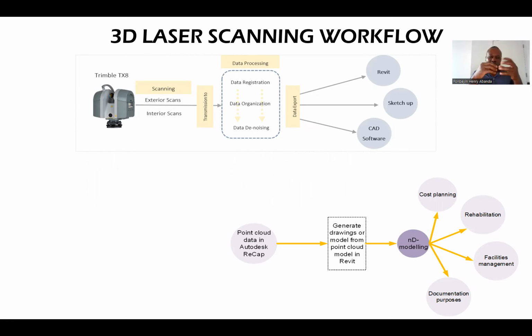And we are saying that once you capture that data, once you scan the building, you can remove the data from it, which is a point cloud data, and then take it into a software. That software could be Trimble Reworks, and then you process it before taking it on to Revit. But in this case, we want to use data from Autodesk Recap, partly because I don't have any point cloud data anywhere.